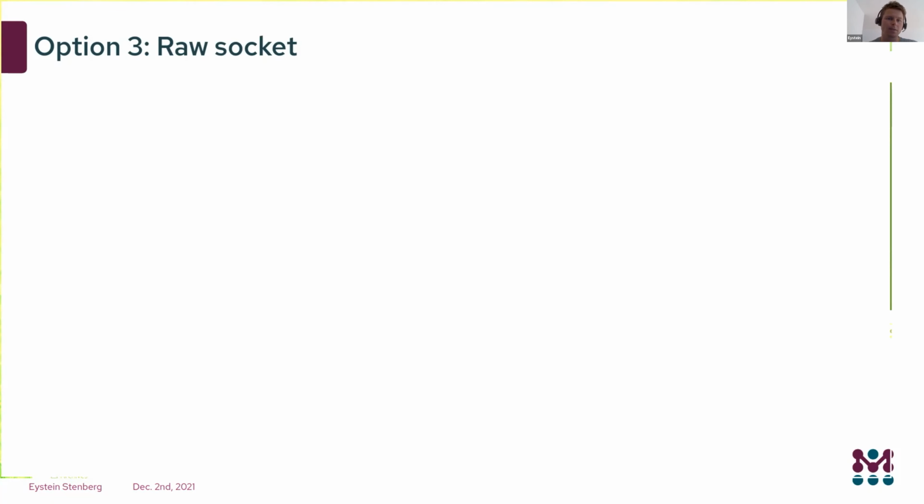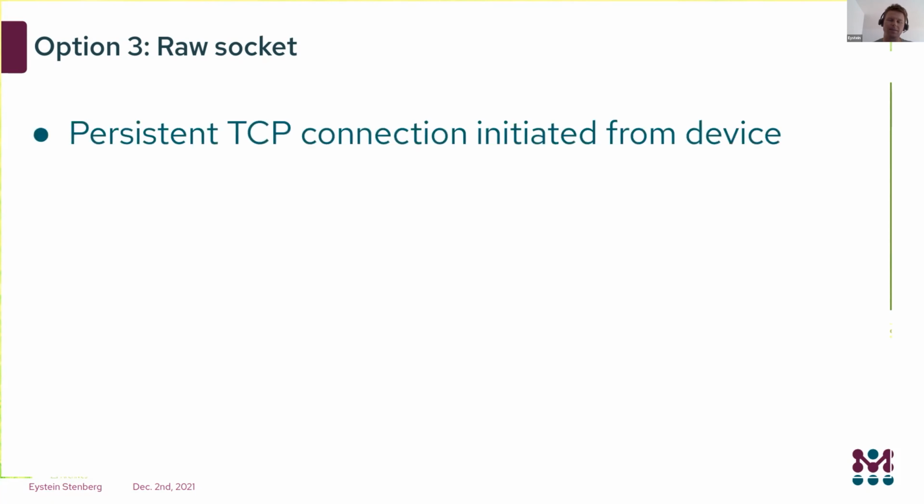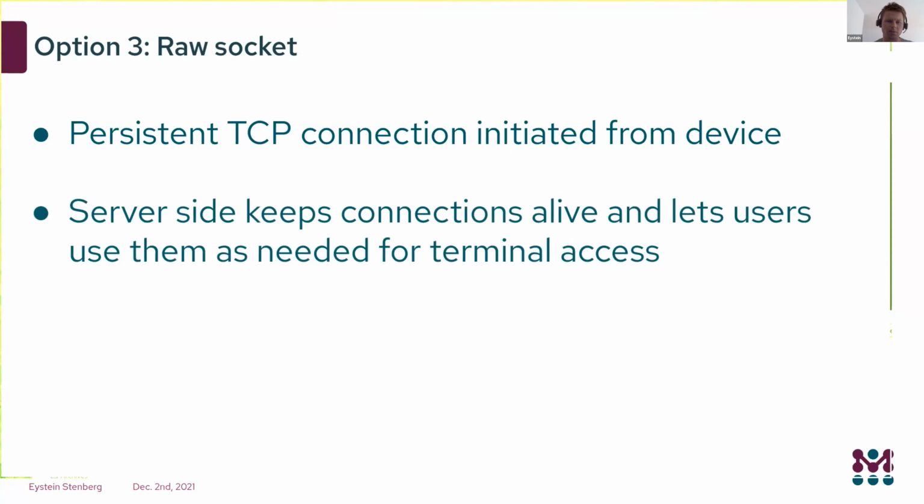For raw sockets, this is completely application dependent. So this is something you would develop from scratch. You just create a TCP connection from the device to some service that you also develop. And then you develop remote access from there. So the server side needs to keep the connections alive and let users use them as they are needed.